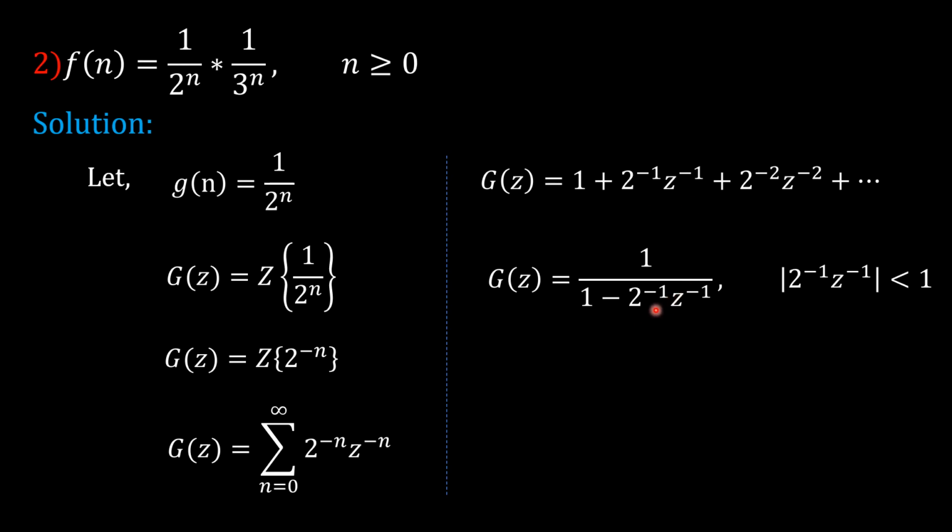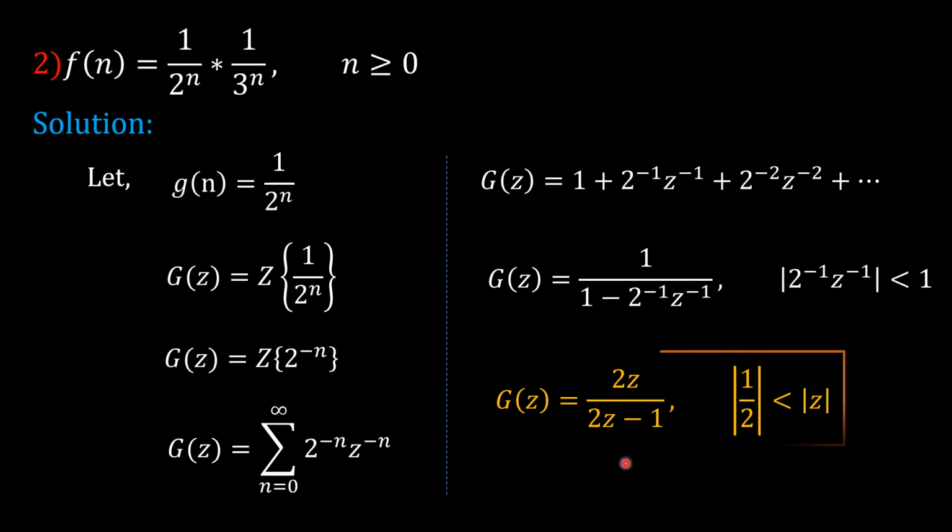Hence we got the sum as 1 upon 1 minus 2 raised to minus 1 z raised to minus 1, with modulus of common ratio strictly less than 1. Therefore, g of z, simplifying it, we will be getting as 2z divided by 2z minus 1 for mod z greater than 1 by 2. So that is Z transform of the sequence g of n equal to 1 upon 2 raised to n.